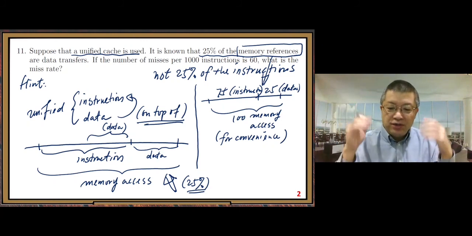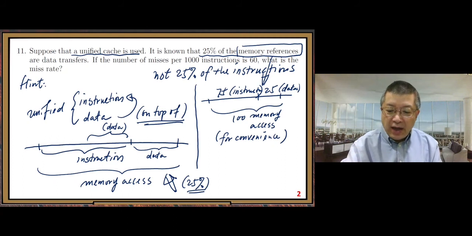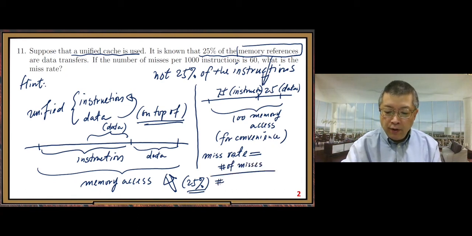Now, with this, we can calculate the miss rate. The general miss rate formula is number of misses over number of memory accesses.